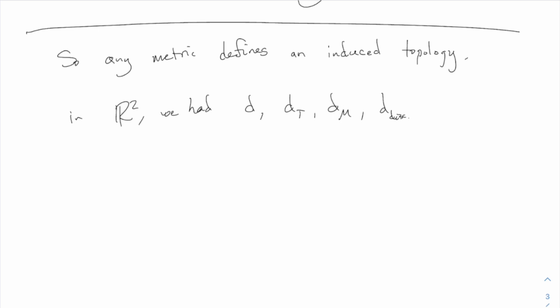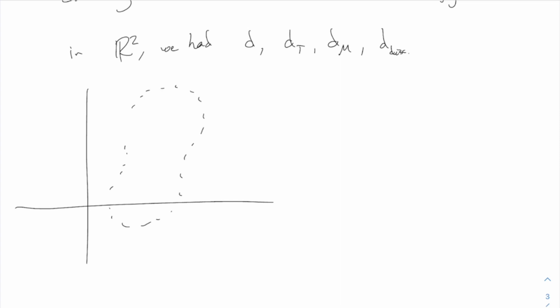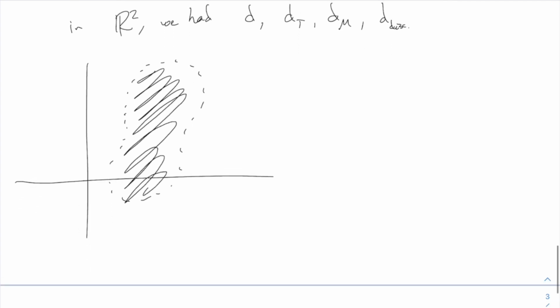All right. What are the topologies that are induced by these various things? Well, if I just have a set here, maybe I'll make some kind of blobby set without its boundary. This is like a circus peanut shaped set.